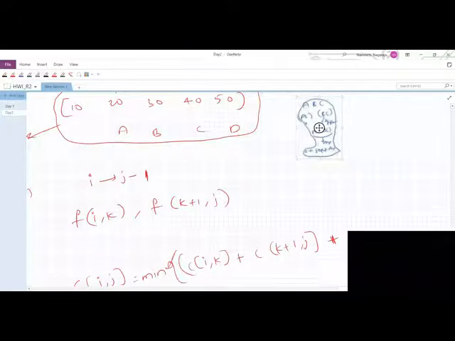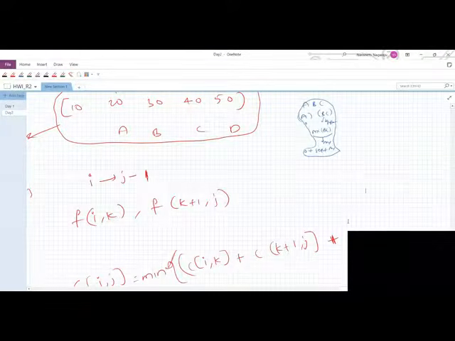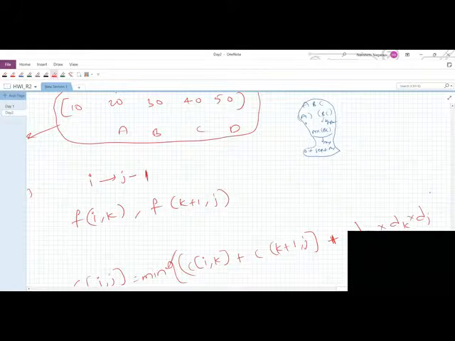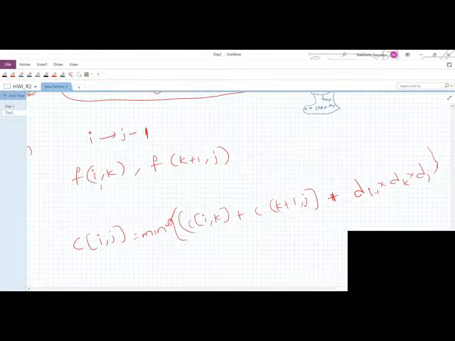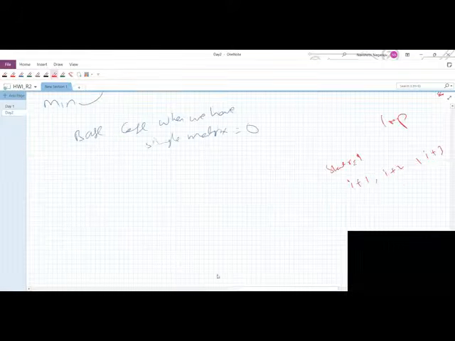So for that, again it will be something like, I am taking and replacing it with d: d(i minus 1) into d(k) into d(j), or something. I am writing it in this way. And k value will always be greater than or equal to i and less than j. This formula I will explain to you guys. Just wait.